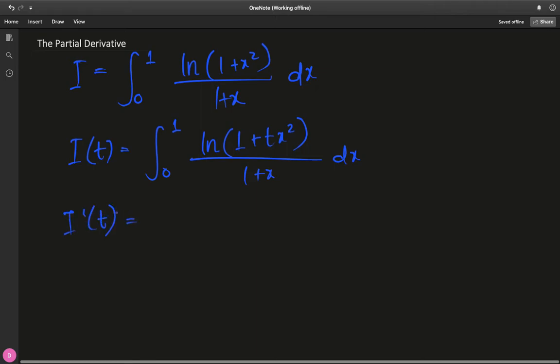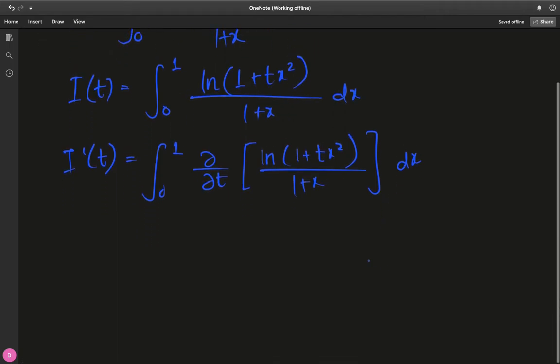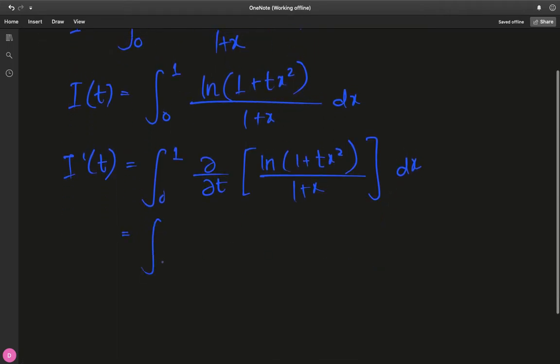So if we have I prime of t, this is just the integral from 0 to 1, and then applying Leibniz rule of differentiating under the integral sign, we have the partial derivative with respect to t of the natural log of 1 plus t x squared, divided by 1 plus x, and the dx. And now we have 1 plus x in the denominator as it is, because that was a constant with respect to t, and now we have to apply the chain rule for the natural log.